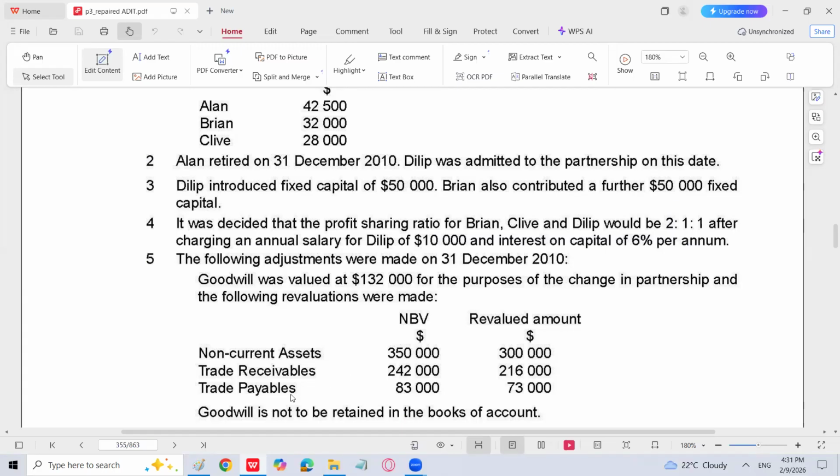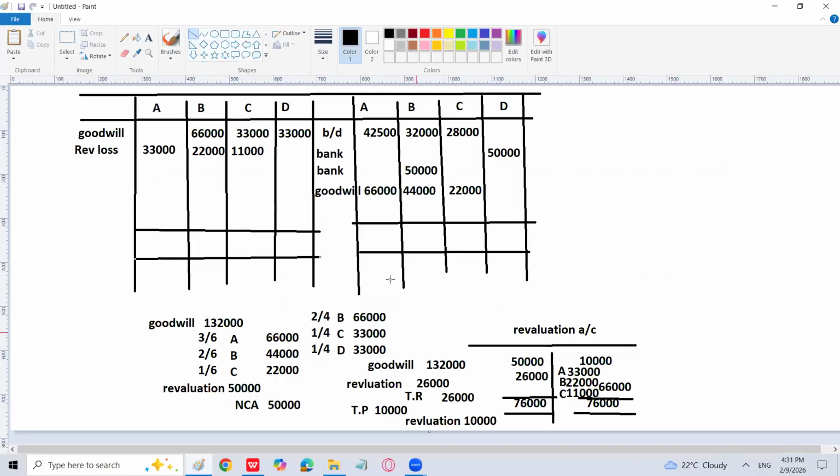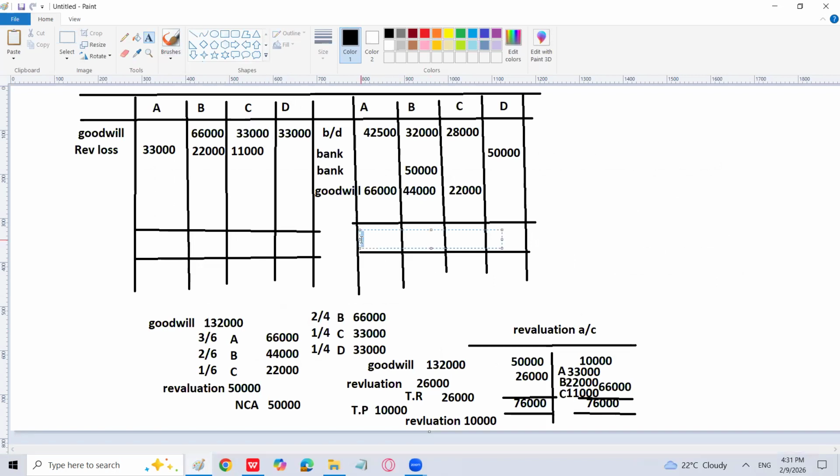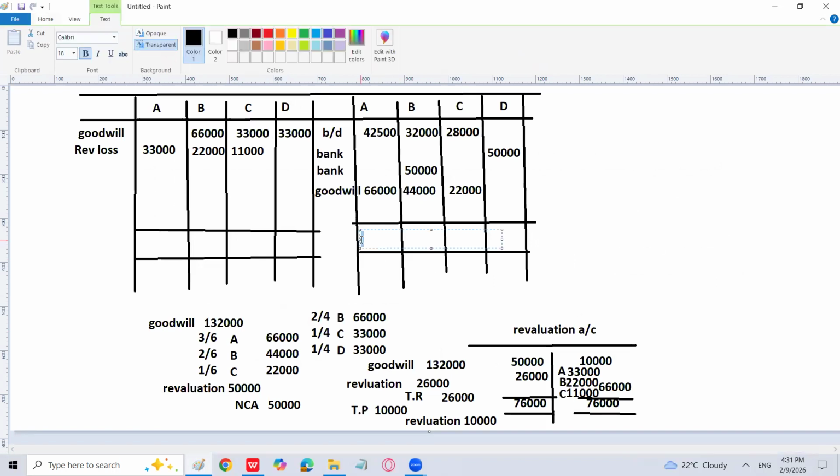So that is going to be transferred to their respective capital accounts. So let's go for the total of Ellen first to find the carried down. What is the total? 66,000 plus 42,500, 108,500. I will write also here 108,500. And I will write the carried down 108,500 minus 33,000.